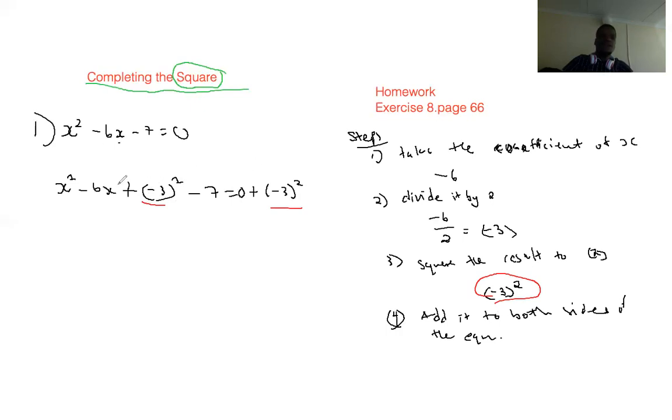Once I do that, now I'm not going to write any steps somewhere here. I'm going to continue doing what we're doing on this. So once we have added, we are going to take this part, including this sign. So the two signs that are connected to the 6x, this whole part, we're going to cancel it.